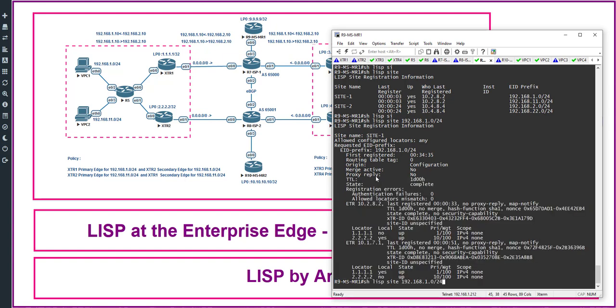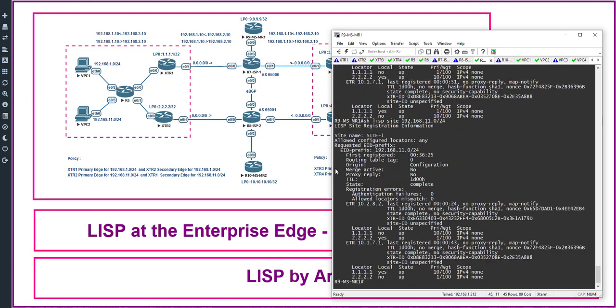Okay, let me show you 192.168.11.0. Here we have reverse information. For example, router 2 advertised its RLOC quad 2 with the priority of 1, and router 1's RLOC with the priority of 10. Also router 1 advertised its own RLOC with the priority of 10, and R2's RLOC, or XTR2's RLOC, with the priority of 1.